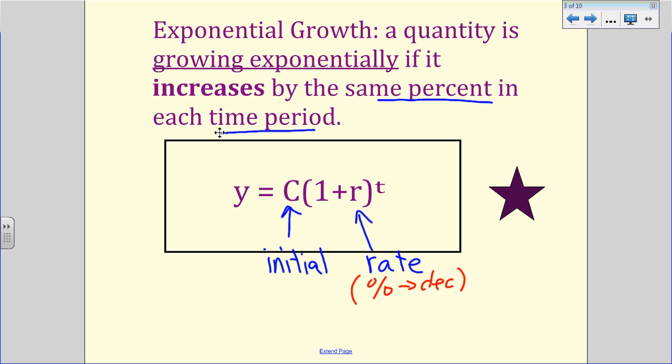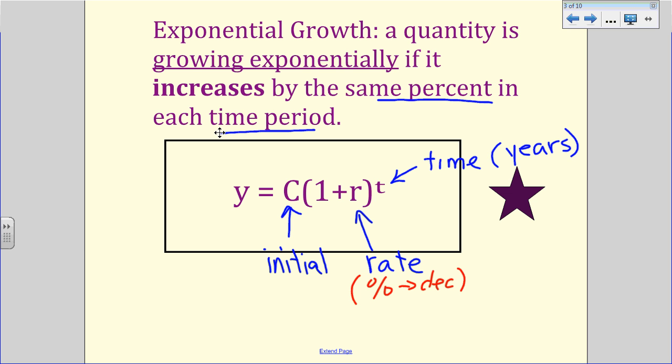And then T should stand out to you guys because we discussed that. T is the time. And for the majority of our problems, this is always in years. Now, there are a couple of problems where it talks about bacteria doubling every hour.